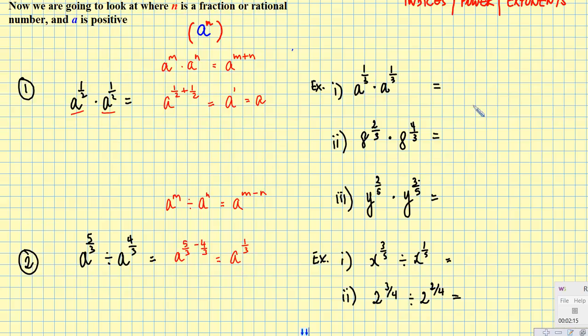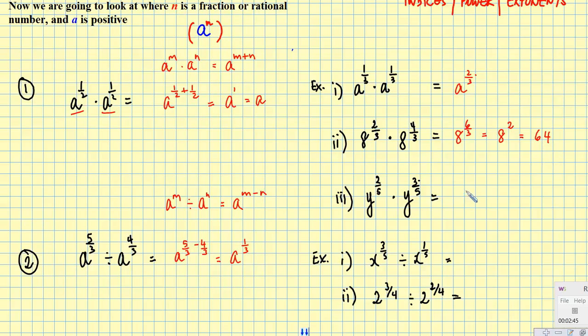Now, we can do just a few more examples here, which should be very easy to finish. So a to the 1/3 times a to the 1/3 will give me a to the 2/3. If I've got 8 to the 2/3 times 8 to the 4/3, well, 4 plus 2 will give me 8 to the 6/3, but 6/3 is the same thing as 2, so it becomes 8 squared, and if we wanted to simplify this, 8 squared is 64.